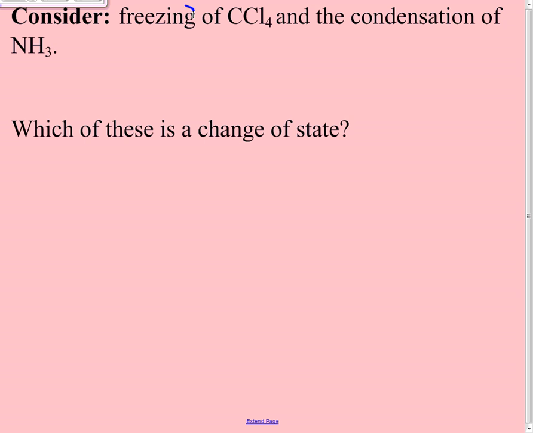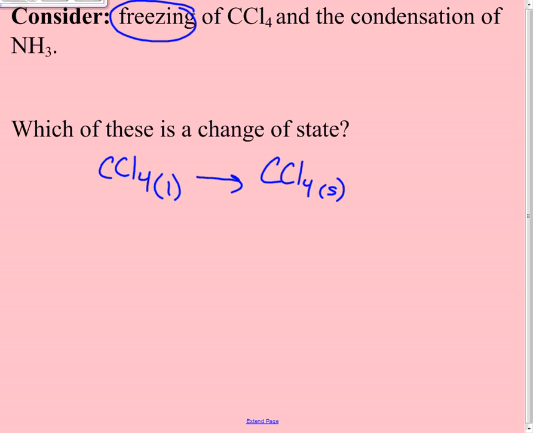What happens in freezing? Freezing means we go from a liquid to a solid. That means I'd have carbon tetrachloride, which is a liquid, just an L is what we use there, as an indicator. And what do I end up with? I end up with carbon tetrachloride still, but instead of in the liquid state, it is a solid state. Do we have a change of state here? Yes, we do. We call that freezing.